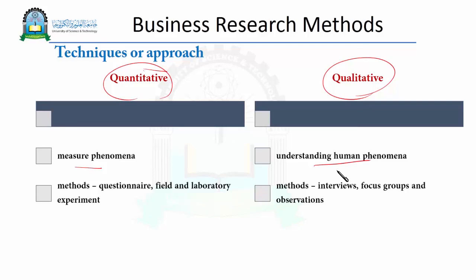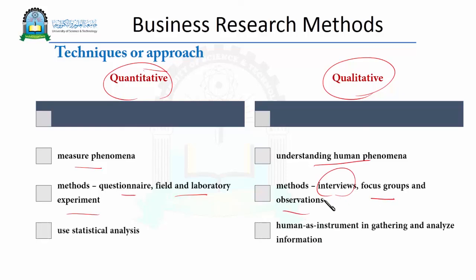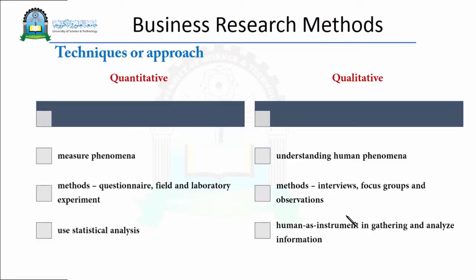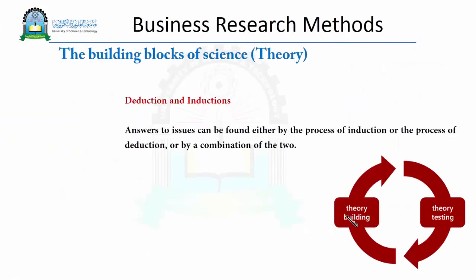In terms of the tools of data collection, in the quantitative we use questionnaires and field and laboratory experiments. And in the qualitative, we use interviews, focus group discussions, and observations. The third is using statistical analysis for the quantitative, because it is dependent on quantitative data, and in the qualitative it is dependent on the human as an instrument in data gathering and analyzing the information. That's why both are different.